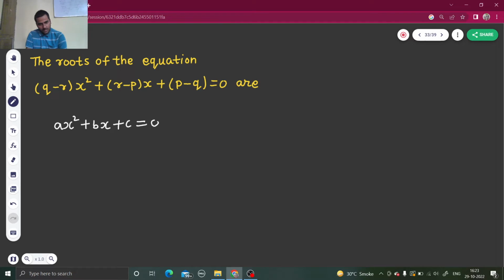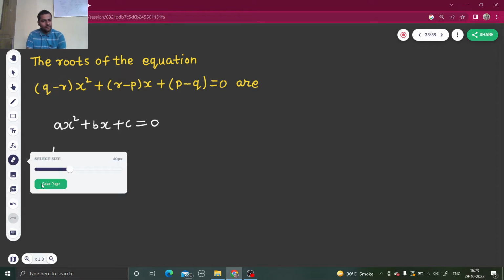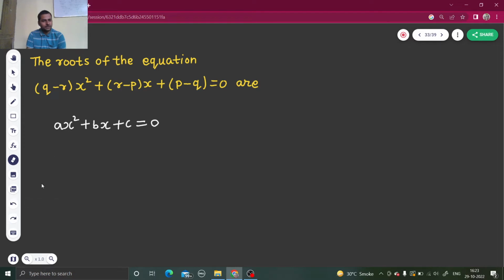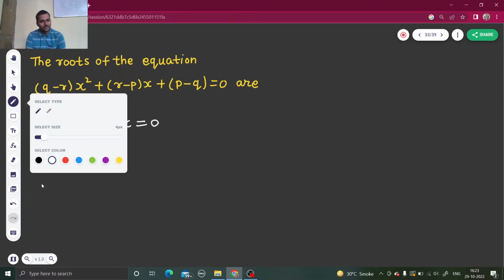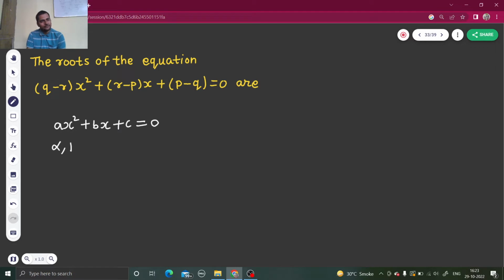So if you notice that if one root is 1, let's name the roots as alpha and beta. If alpha and beta are the roots, and alpha is 1, then alpha will satisfy this equation.